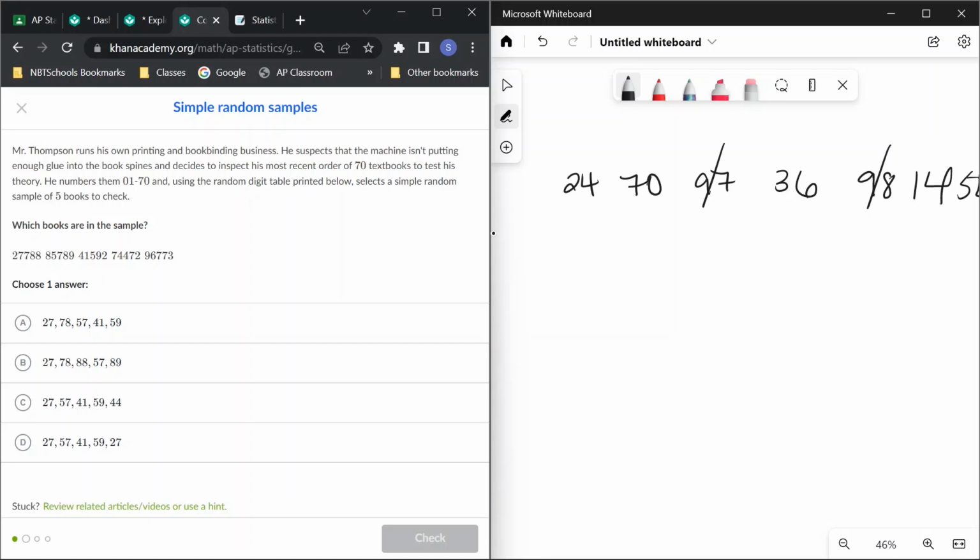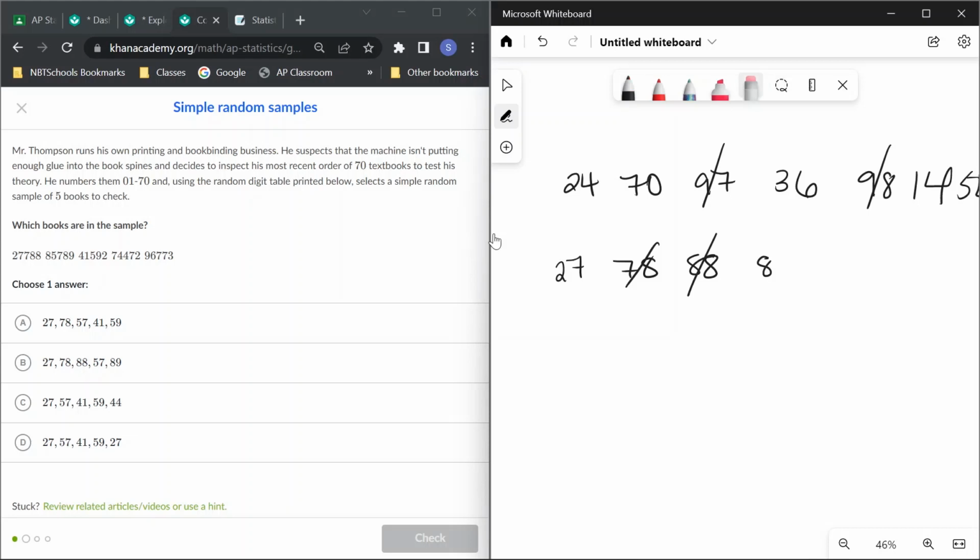So 27, 78, which we can't use, 88, which we can't use, then 57, which we can use.